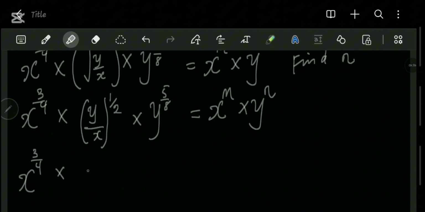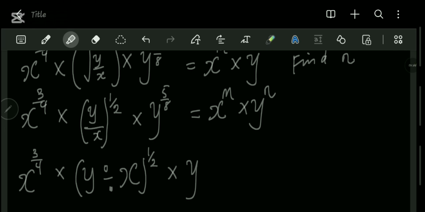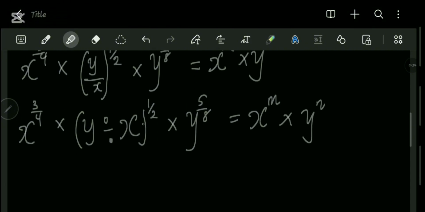This thing can also be written as y divided by x. Are you with me? Now this whole thing raised to half multiplied by y raised to 5 over 8 is equal to x raised to m multiplied by y raised to n. From here now I can distribute the half on top of this, and on top of this. Are you seeing that now?